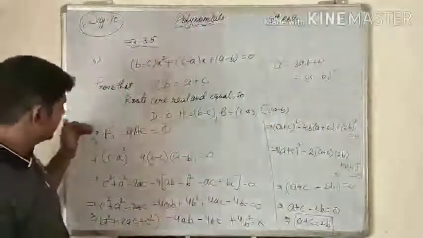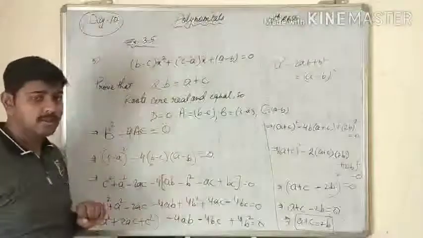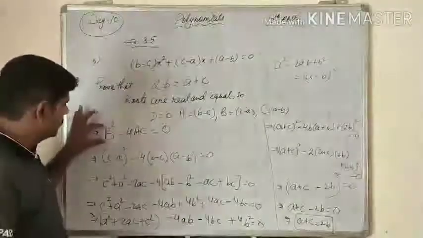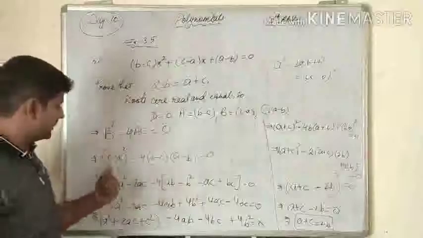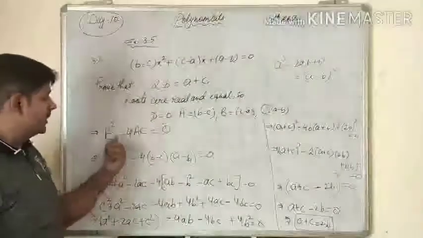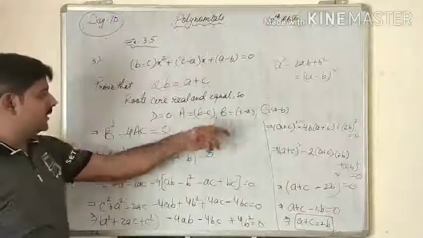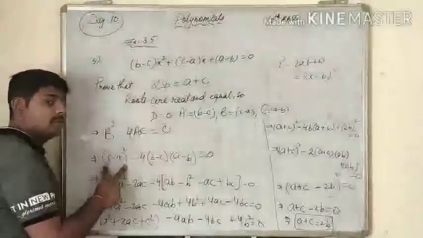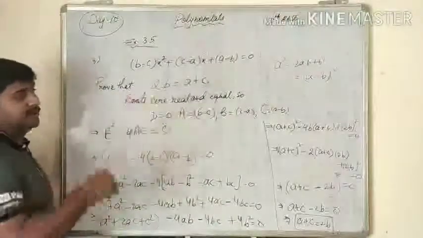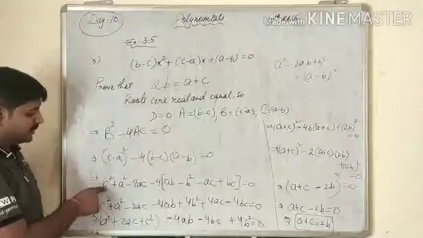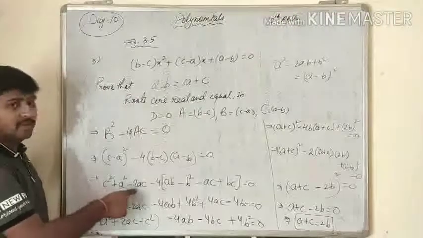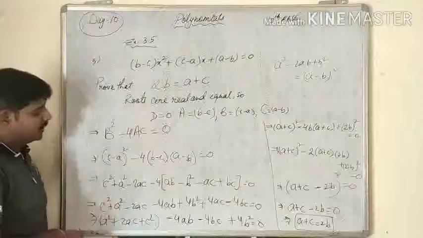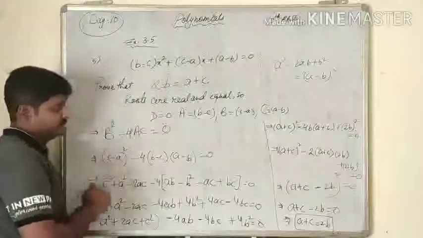All the terms are there, and the formula is b square minus 4ac is equal to 0. So b is c minus a, that is written, whole square, minus 4 into a into c, that is done. Now their square we can open, a minus b whole square, that formula is written in front of you, a square plus b square minus 2ab. So this is the term, because a and b is this.